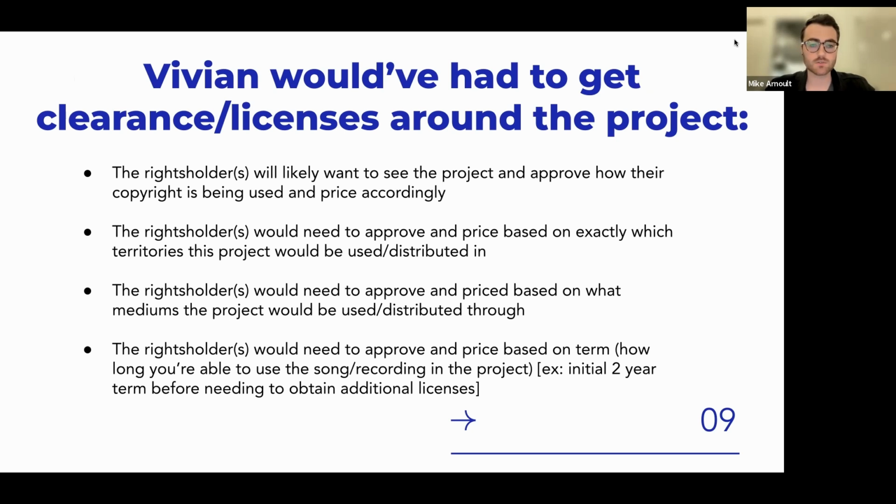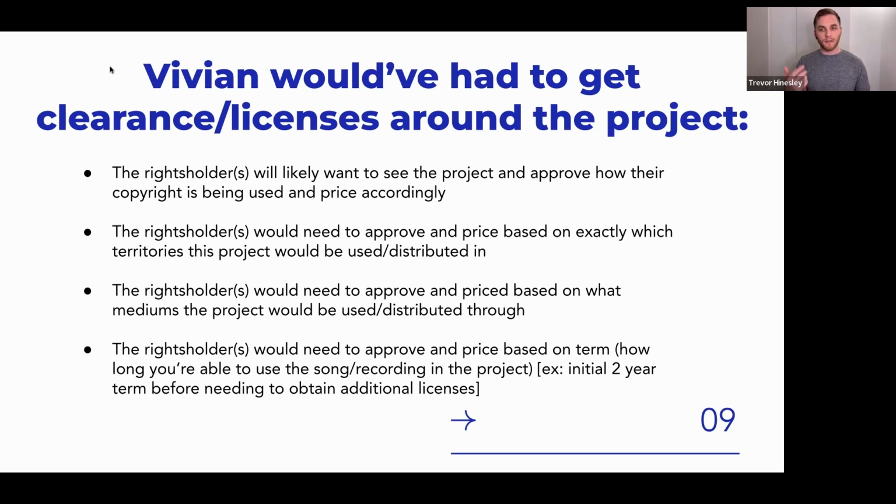The rights holders would also need to approve and price based on term, so how long you're able to use the song and recording in your project. For example, there might be an initial 2-year term on a license before you need to go back and obtain additional licenses from all of the rights holders as well.